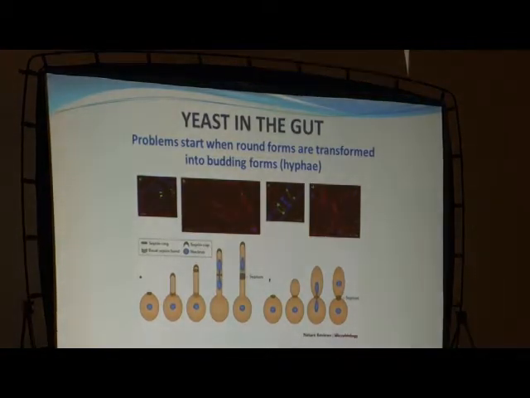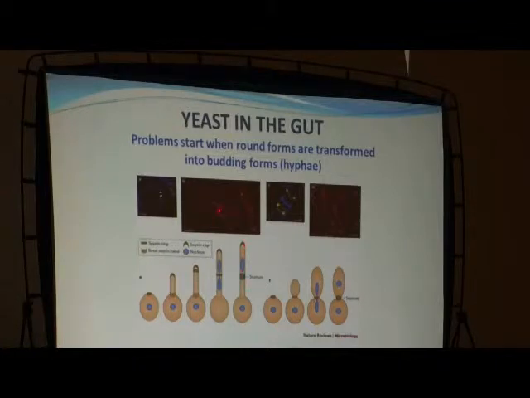So there are two different cycles in the yeast cells. The one is a common proliferation cycle. It's right here. So basically, this is a round form, and a round form can create a round form, and that's a normal process in our gut. But under certain circumstances, the cycle gets deviated from the norm, and the yeast start to form so-called budding forms or hyphae right here.